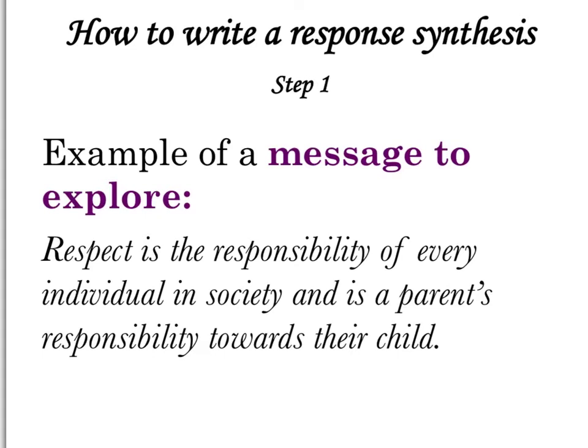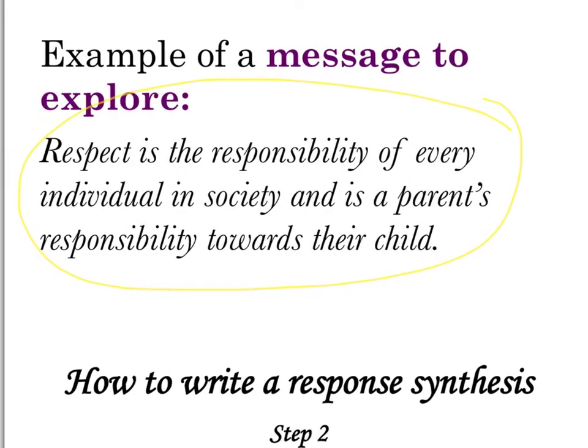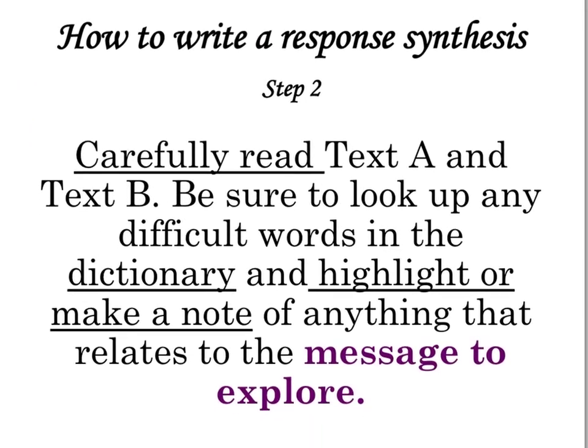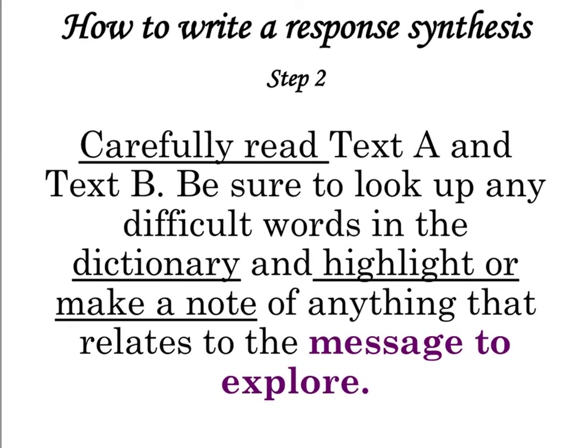So this looks a lot like a theme from a novel or a short story, and that's what the message will look like in relation to That Was Then, This Is Now, and the other short story that you have to read. Once you understand the message to explore, you want to carefully read text A and B. Now you've already read the novel, so you're going to read the short story.